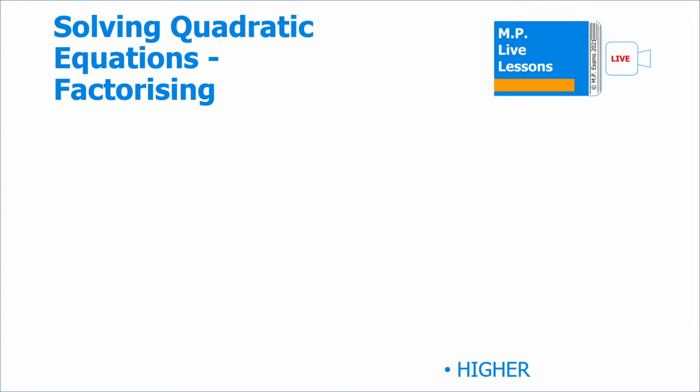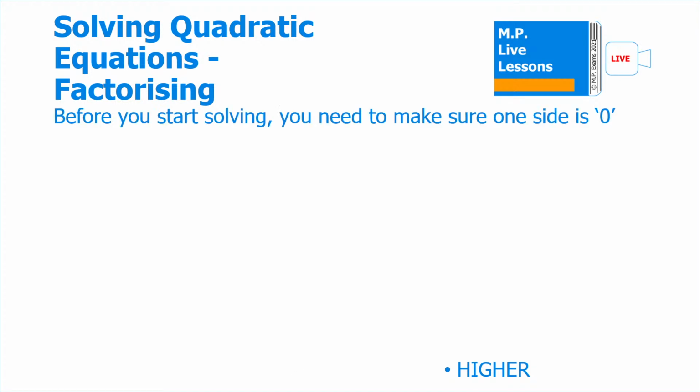Now, higher tier will need to know how to solve quadratic equations. One way you could do this is factorizing. Before you start solving, you need to make sure one side is set equal to 0. Why?